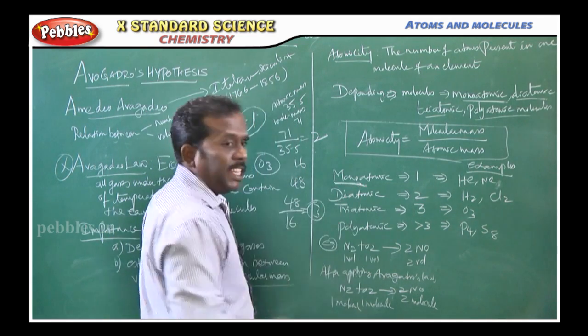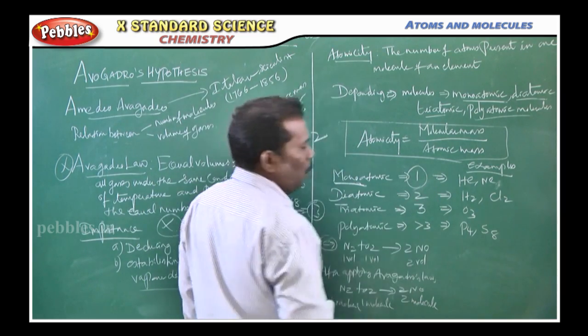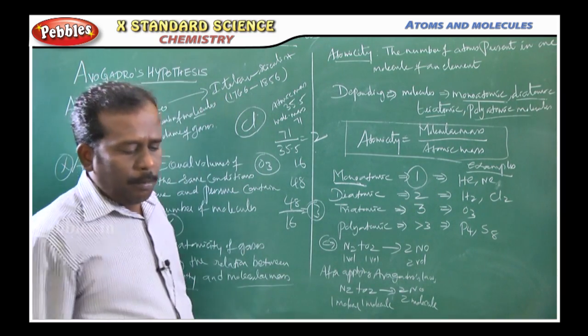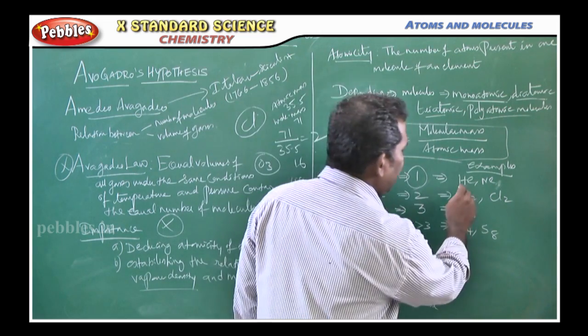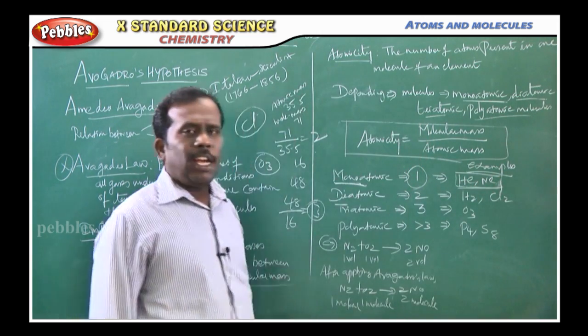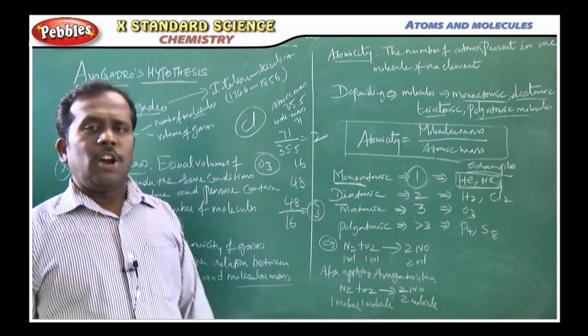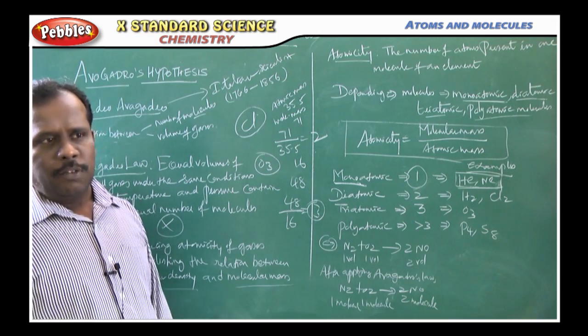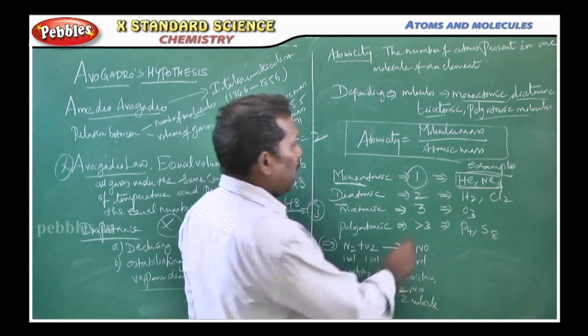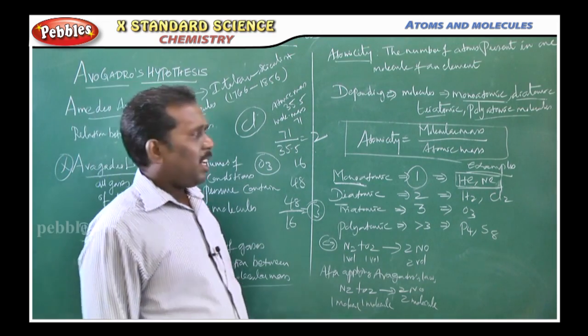Mono means single, so it has one atom per molecule. Examples are helium and neon. If you refer to the periodic classification, you will find the monoatomic molecules have single atoms.